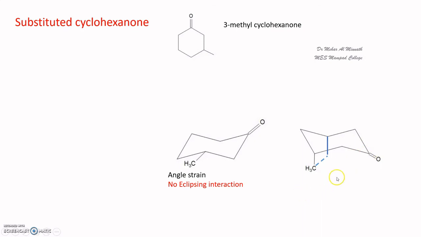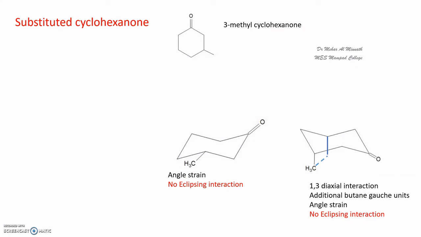So the axial form of 3-methyl cyclohexanone will experience only one 1,3-diaxial interaction. So here there will be 1,3-diaxial interaction, additional butane gauche unit, and angle strain. Alright, there will not be any eclipsing interaction.